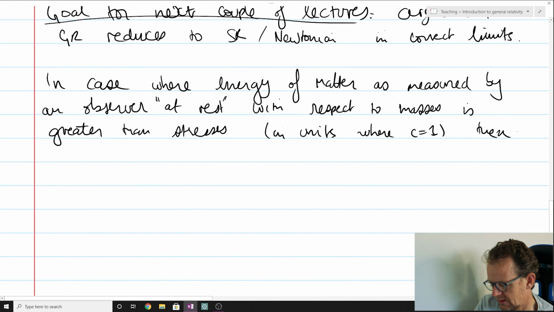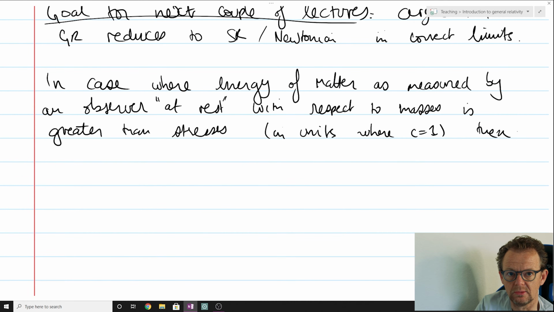So in this limit, if you're an observer at rest with the masses determining the gravitational field in your system, then the distribution of energy and stress energy is such that the masses dominate the stress energy tensor, and the stresses you can neglect.